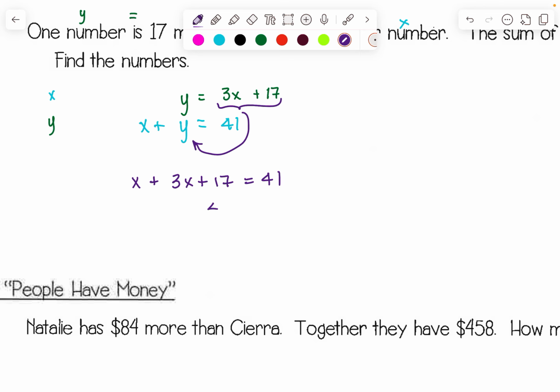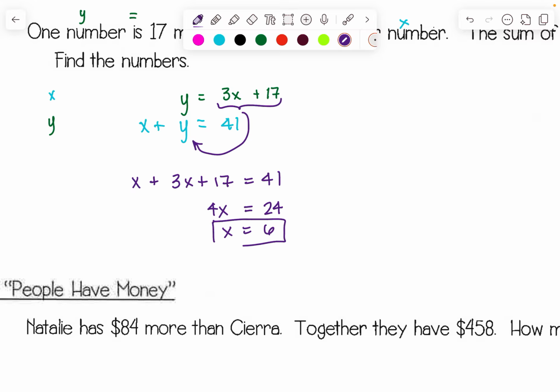Solve for x, subtract 17 from both sides. 1x plus 3x is 4x. And you get 24. 41 minus 17 is 24. x is equal to 6. Great. x is equal to 6.